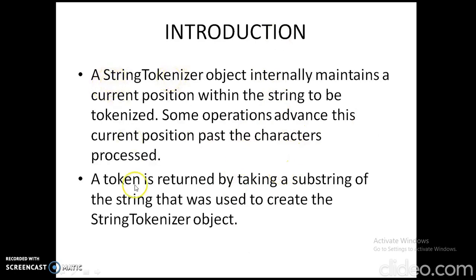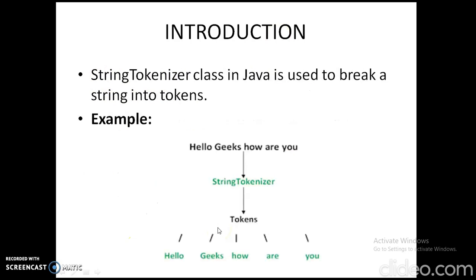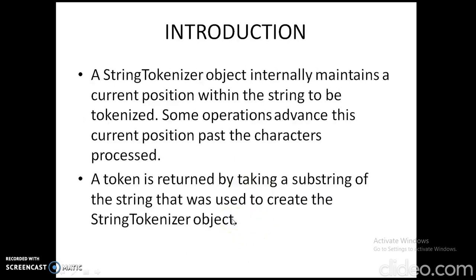As I said, a token is returned by taking a substring of the string that was used to create the StringTokenizer object. When I pass this string to the StringTokenizer class, it will create a StringTokenizer object which will contain these tokens, broken based on some delimiters.